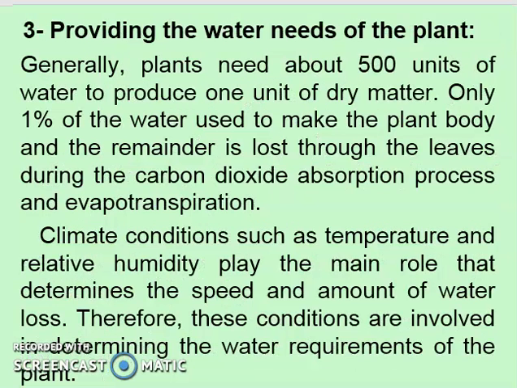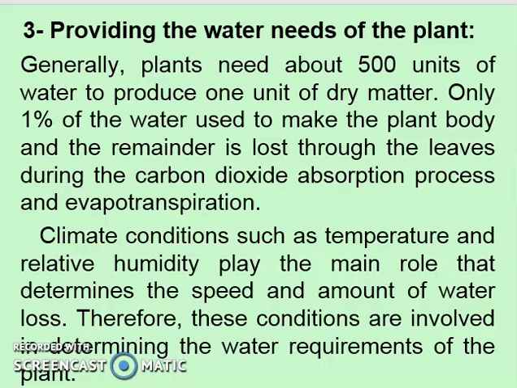Number 3 is providing the water needed by the plant. Generally, the plant needs about 500 units of water to produce 1 unit of dry matter. If you want to produce 1 kilogram of dry matter of the plant, then you need 500 kilograms of water. Only 1% of the water is used to make the plant body, and the remaining is lost by evapotranspiration.